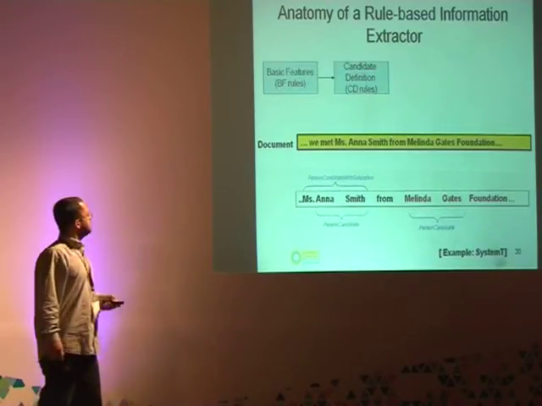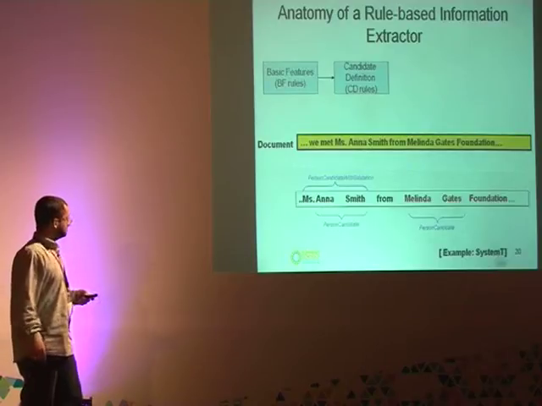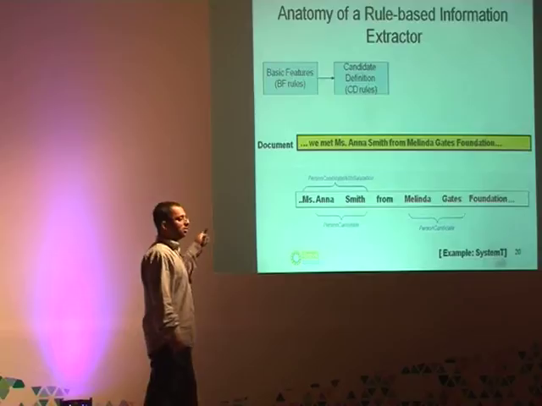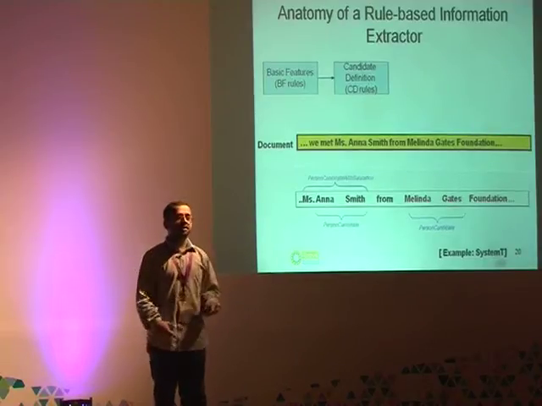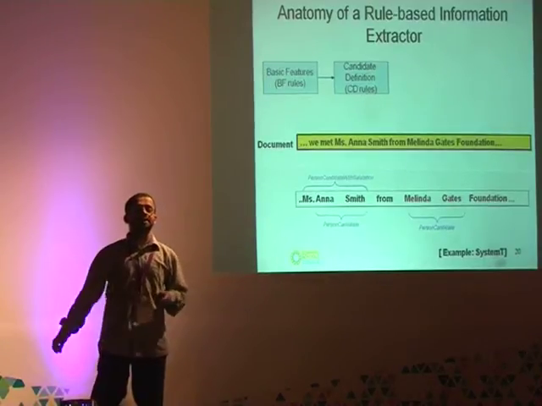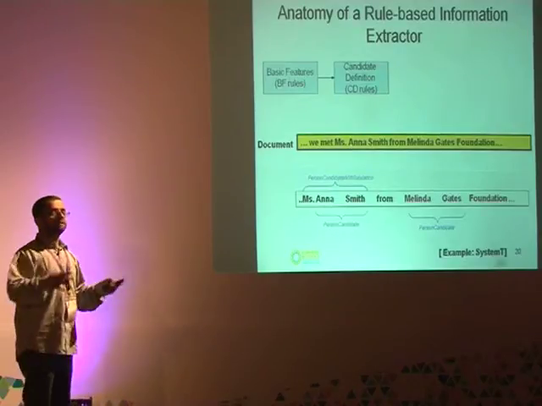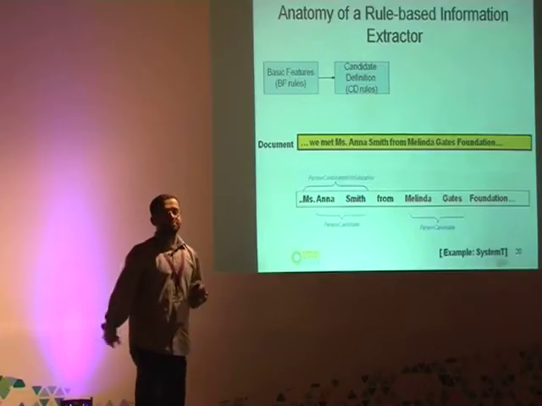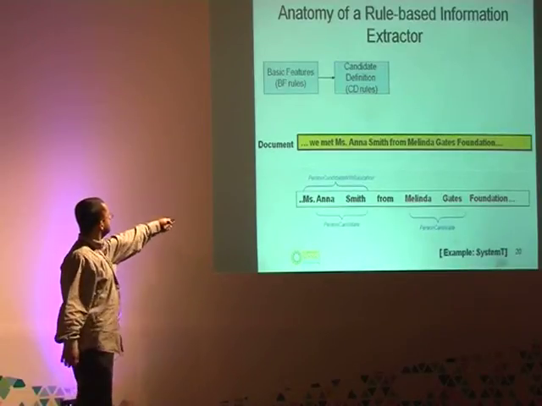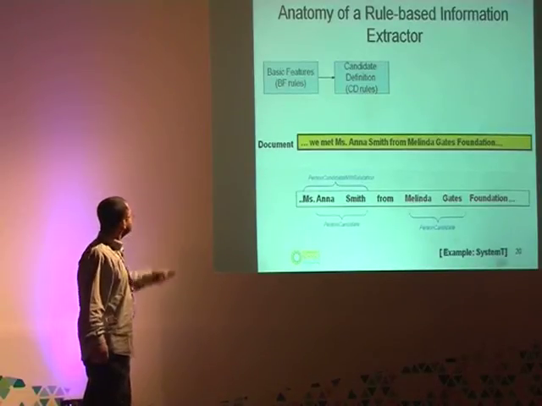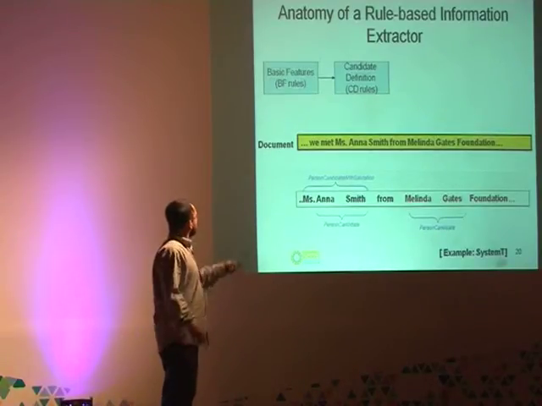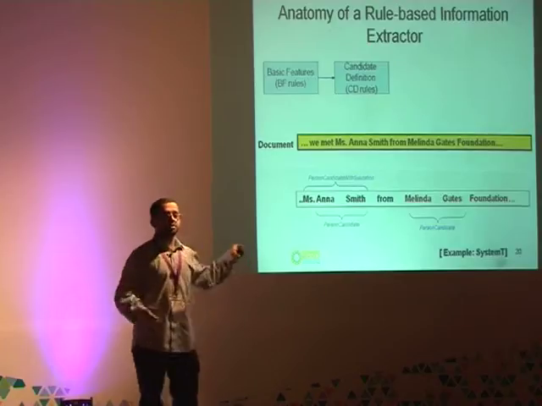The second phase is candidate definition. Candidate definition is really about putting together some of the clues from the basic features into identifying potential candidates or potential named entities. Here these rules have helped you identify that Miss Anna Smith is a person candidate with salutation, and Anna Smith is a person candidate with no salutation.